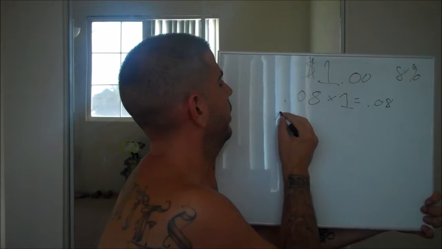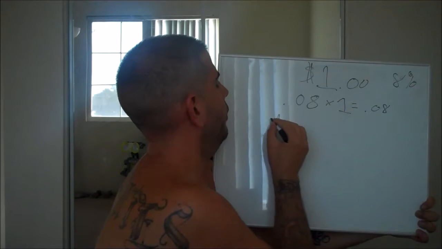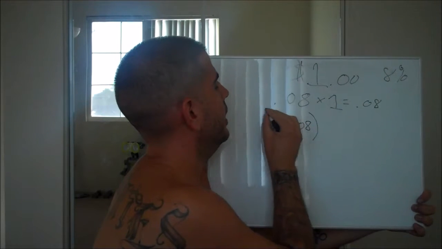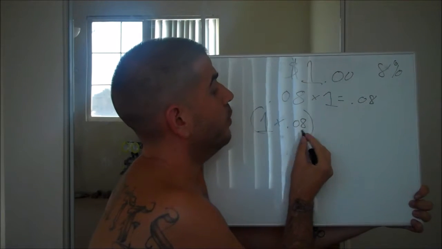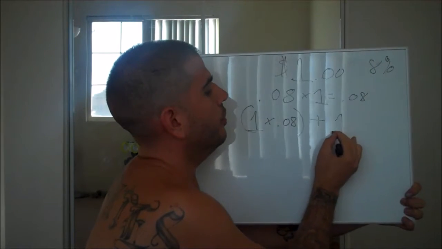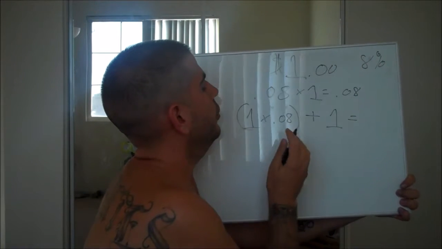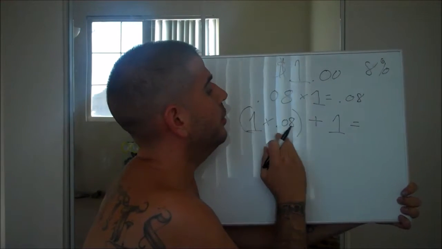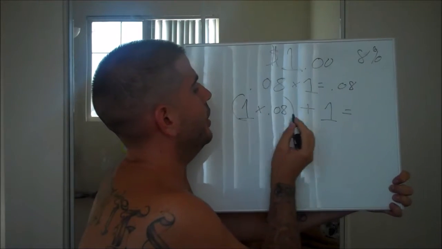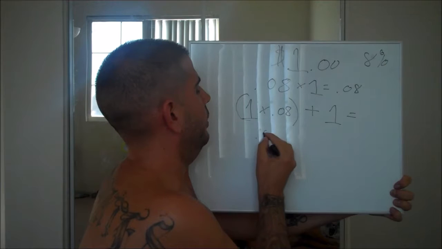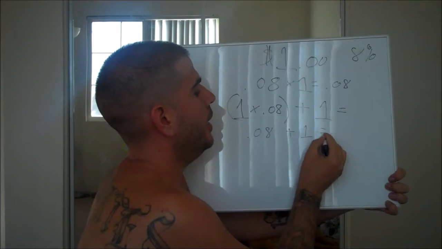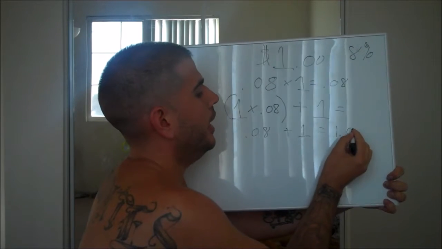Okay, so the actual formula would look something like this. You've got $1 for the cost of the product times 0.08. Put that in parentheses, okay? And now the sum of that, which we already know is going to be 0.08, you add that to your original dollar, because you're going to add this sum to the original cost. So 1 times 0.08 equals 0.08, and then we add that $1 to it, and that equals $1.08.